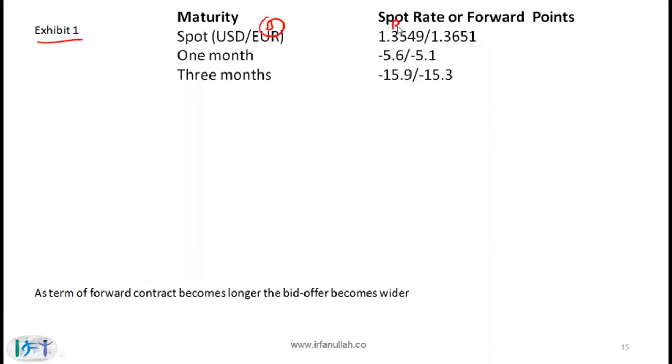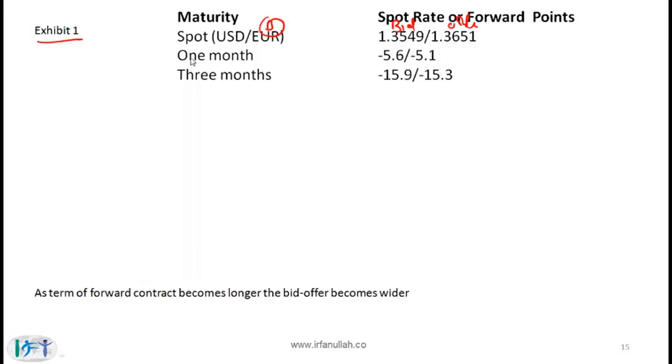This is the bid and this is the offer. What that means is, as we've discussed earlier, if you go to an FX dealer, he will buy the base currency, i.e. the euro, for this much, and he is willing to offer or sell the base currency, i.e. the euro, for 1.3651 US dollars. So this is the spot rate.